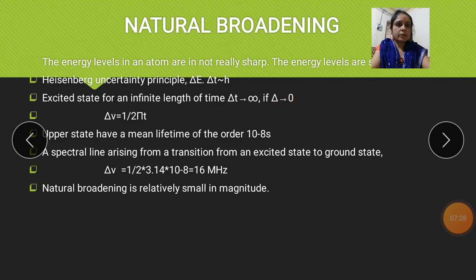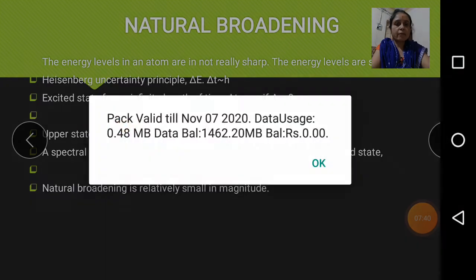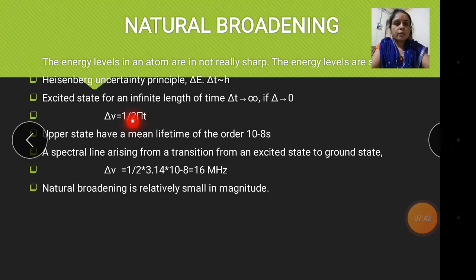From the uncertainty principle, the energy is spread in terms of frequency, denoted by delta nu = 1/(2 pi tau).